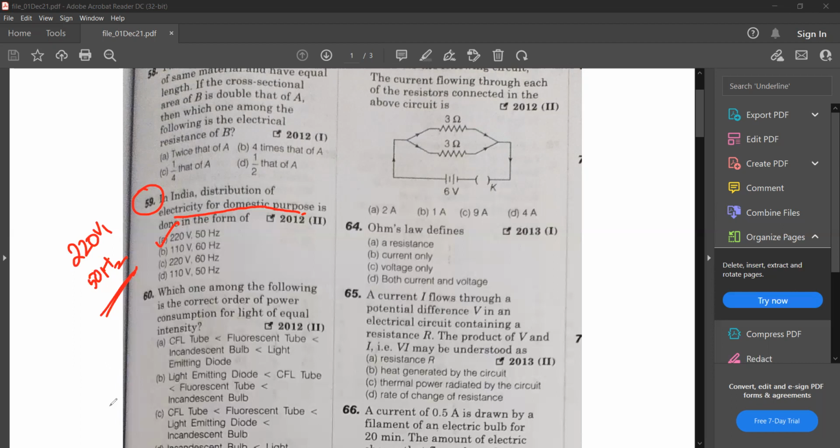Okay, so in India, distribution of electricity for domestic purpose is 220 volt, 50 hertz. Moving to the next question.